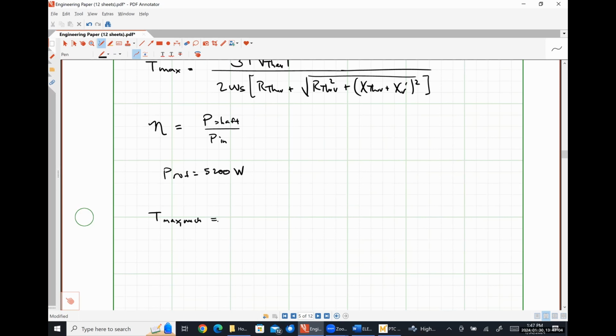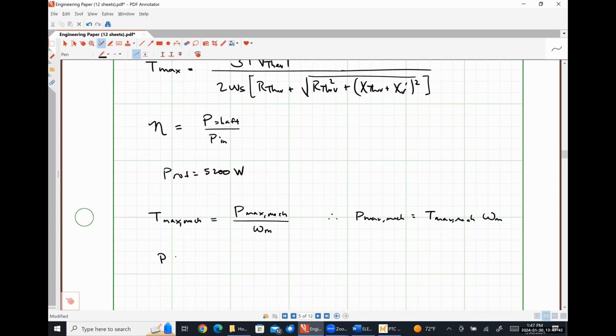This, by definition, will be the maximum mechanical power divided by the angular frequency at which our rotor is turning. So we could rearrange this relationship to find P max mechanical would be torque max times omega M.